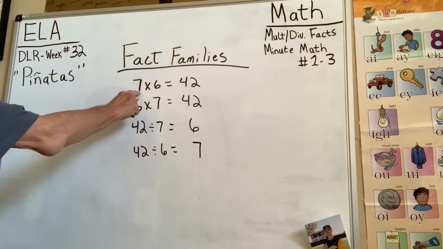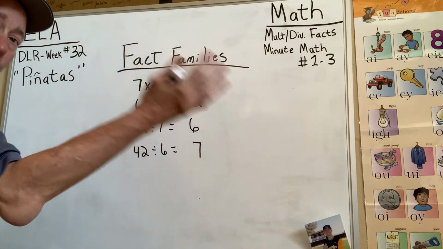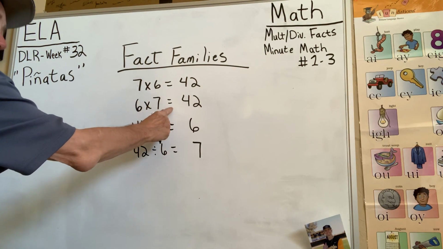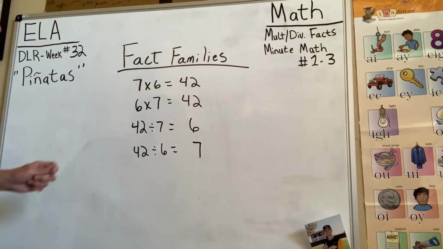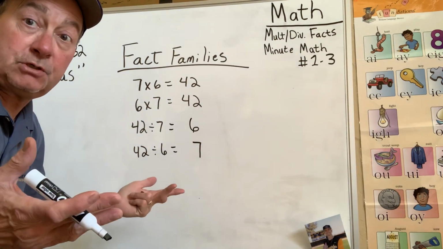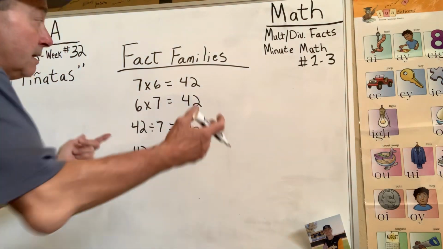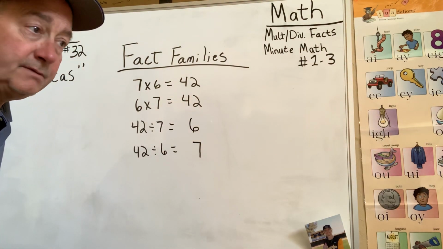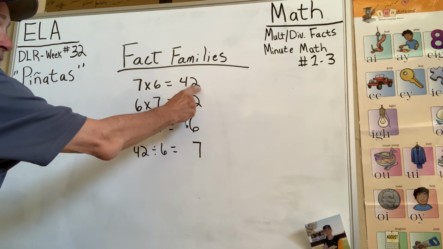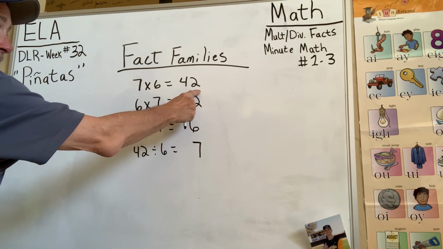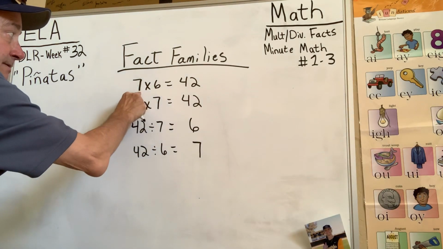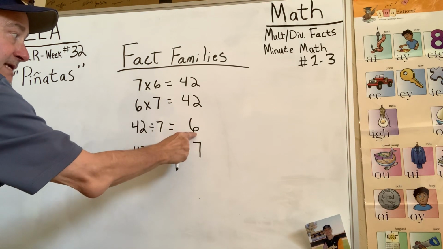So 7 times 6 equals 42, okay? 6 times 7 also equals 42. As you can see, we just switched the numbers around. Same answer, just switch the numbers around. Let's look at the division part of it. It's still part of that same fact family though. 42 divided by 7 equals 6.